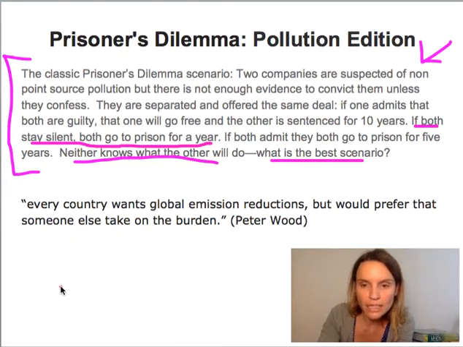So generally, in the pollution edition of Prisoner's Dilemma, no one says that they are responsible for any pollution and no one faces any consequences, which is why this quote is particularly important.